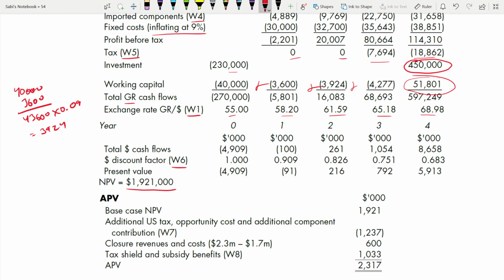When you're writing an answer like net present value, you have to write the whole number. If it's in million, write all the zeros. So if you read this, it will be 1.921 million. Now, net present value we are done. Hereafter, whatever working we are doing is for adjusted present value. Net present value part is done.